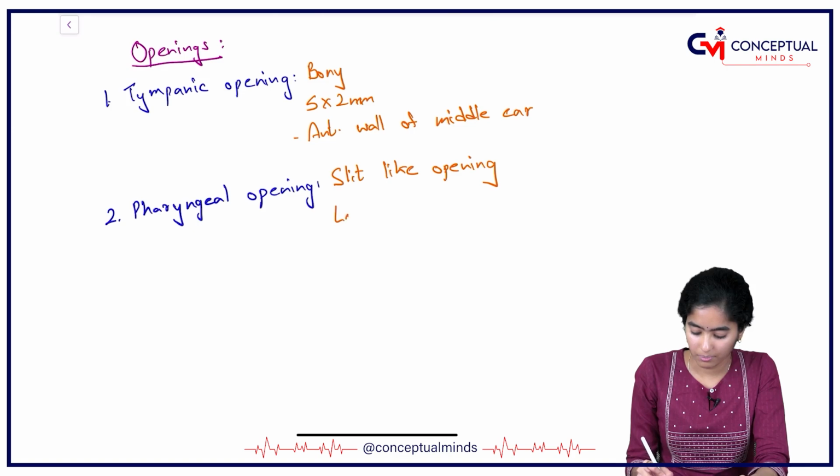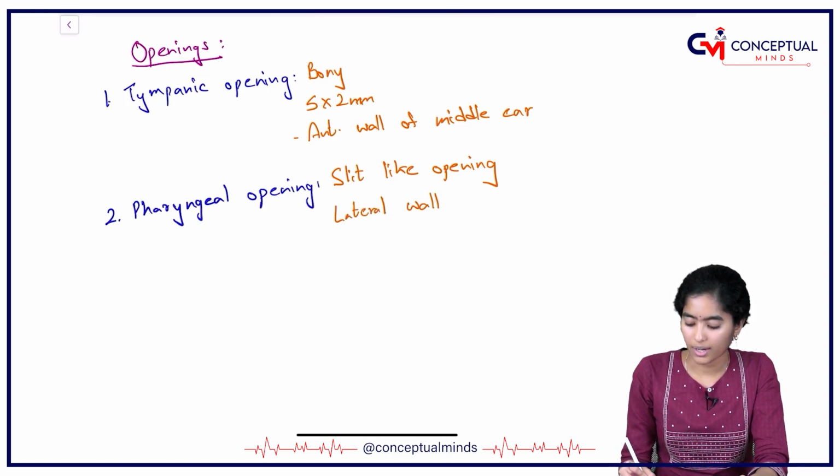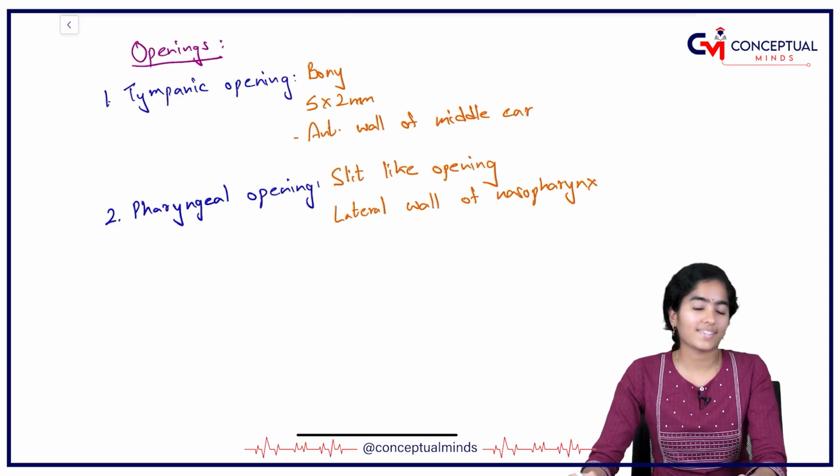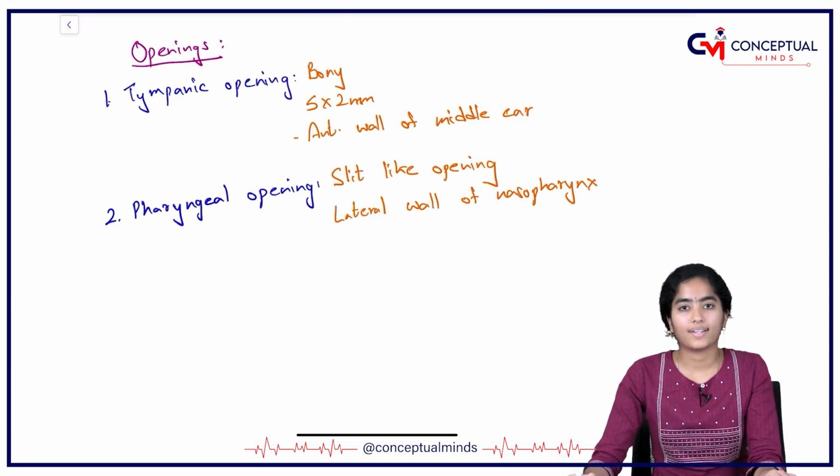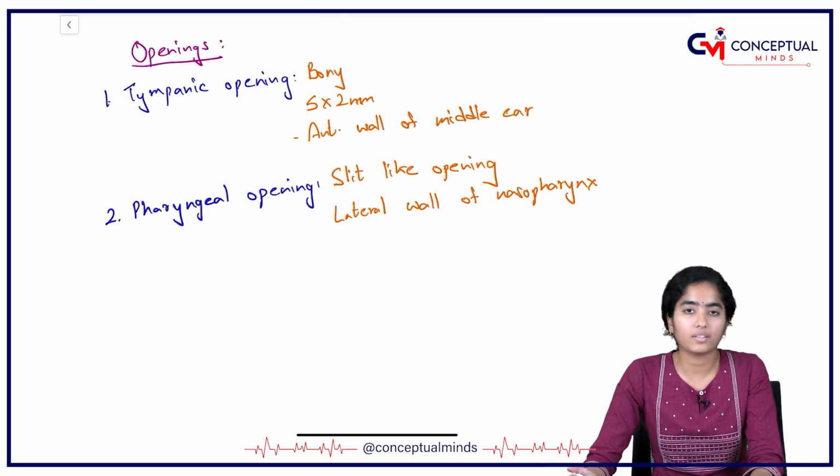Slit-like opening on the lateral wall of nasopharynx. Where exactly is it present? It is present 1.25 centimeters behind the posterior end of inferior turbinate. Let me repeat.